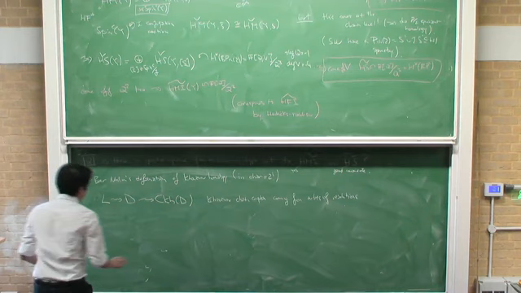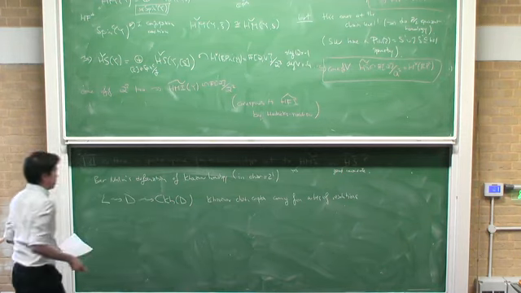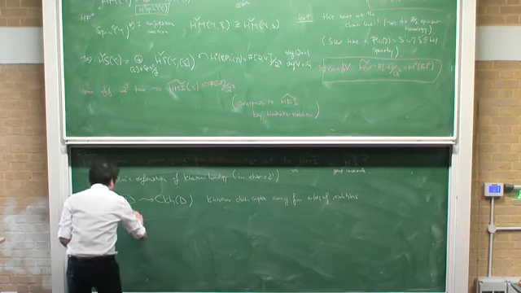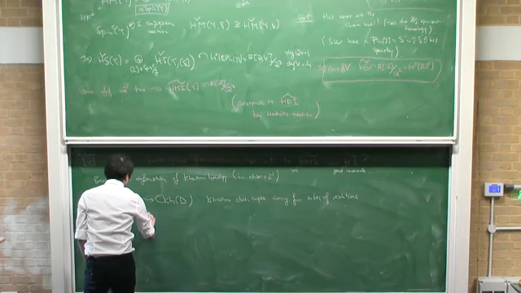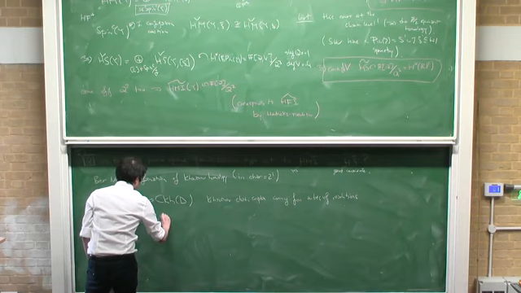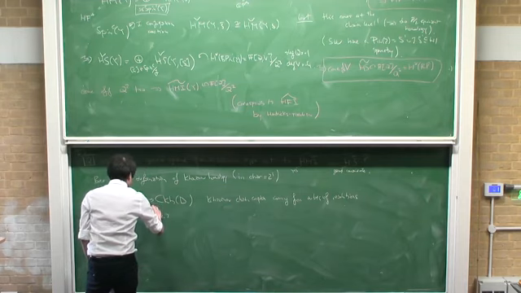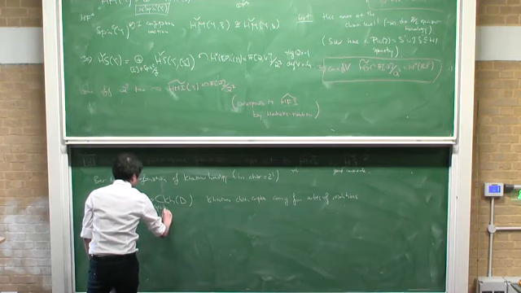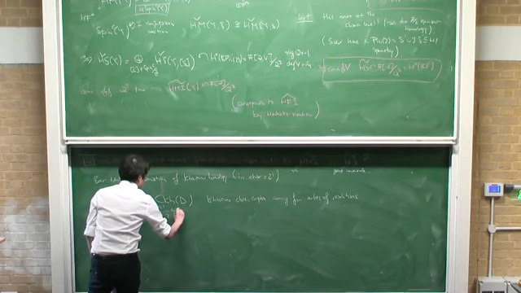I won't go into the definition, but the key input in this construction is this vector space V, which is two-dimensional, with basis V plus and V minus. V plus is in degree 1, and V minus is in degree minus 1.